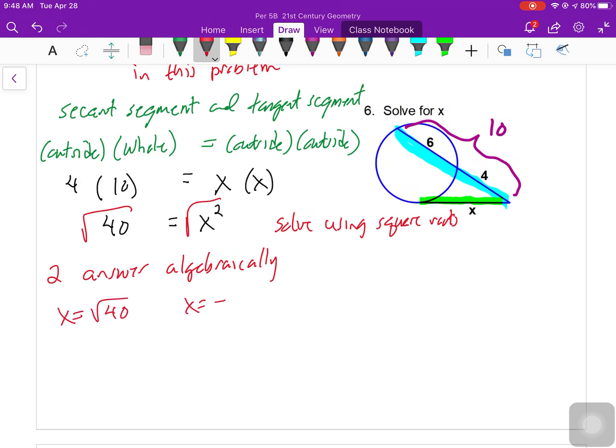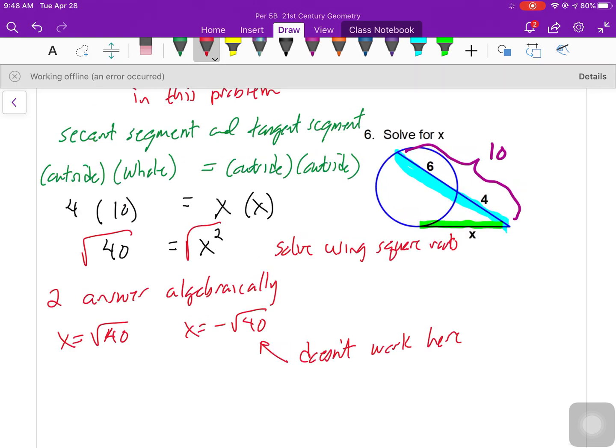One of them would be x equals the square root of 40. The other one will be x equals negative square root of 40. Now, the negative one won't work here. But the positive one does, and it didn't tell us to round.